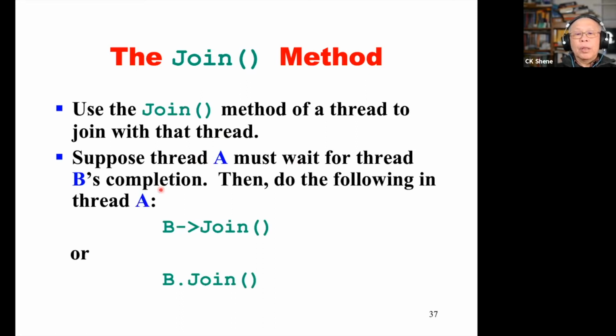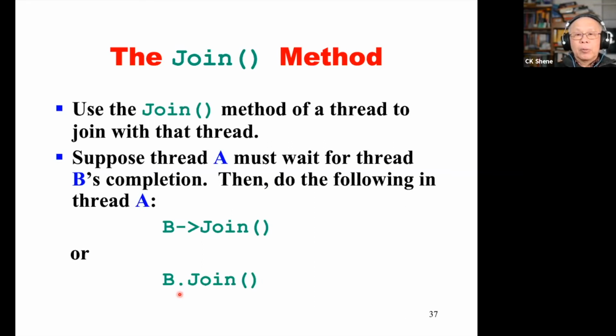Of course, in this case, B is a child thread of A. So in A's thread function, A calls the join method of B this way if B is created through a pointer, or you use this dot method to call B if B is not created by pointer. Now, let me remind you. If you want to wait for a child thread of yours to complete, you call the child thread's join method.